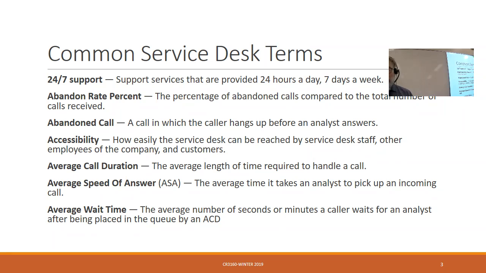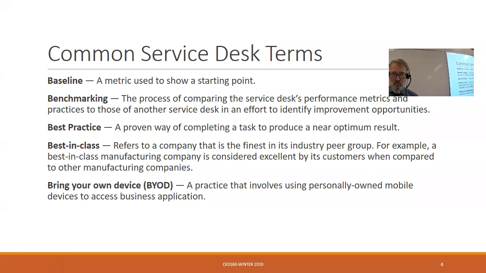We could measure how long they're staying in the queue, because obviously that can be a source of... sorry, I'm talking about the average wait time, aren't I? No, the average speed of answer is the average time it takes for the analyst to pick up that call. For the user, it's how long they had to wait.